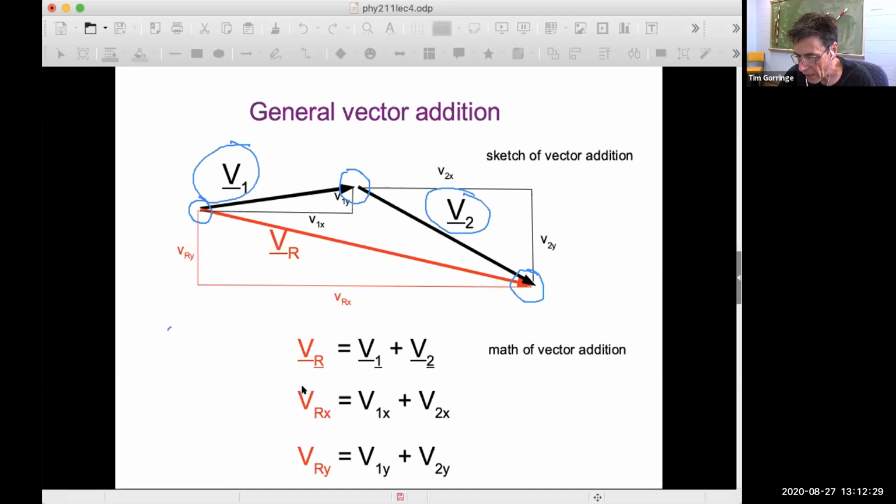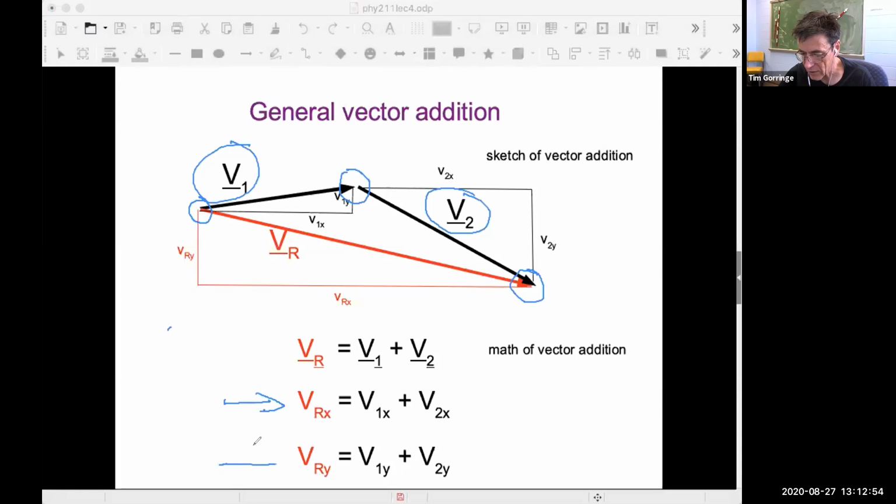So I can find the resulting vector's X component by just adding together the two individual X components. I can find the resulting vector's Y component by just adding together the two individual vectors' Y components.